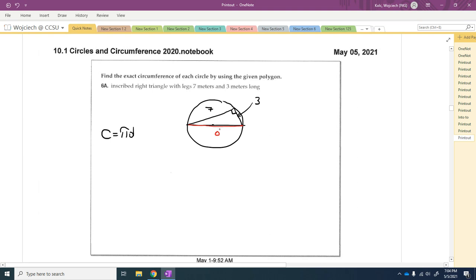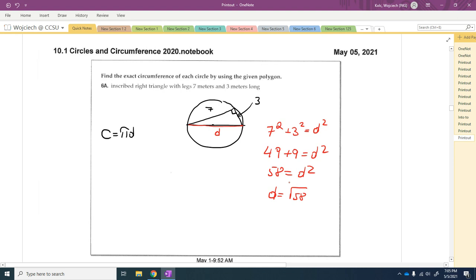So how do I get d? 7 squared plus 3 squared is equal to d squared. 49 plus 9 is equal to d squared. 58 is equal to d squared. So d would be square root of 58. Now, can I simplify 58?